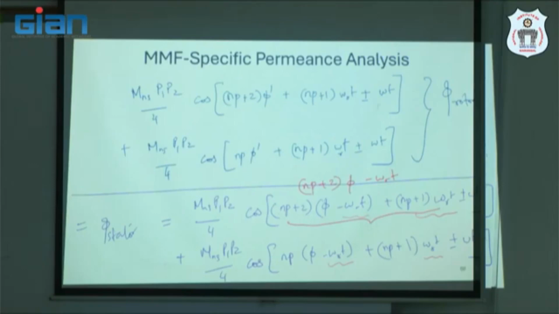So np omega t will cancel each other. Minus 2 omega t plus 1 omega t will become minus omega t. Likewise, I can simplify the lower term, and this will be np phi minus or plus omega t.